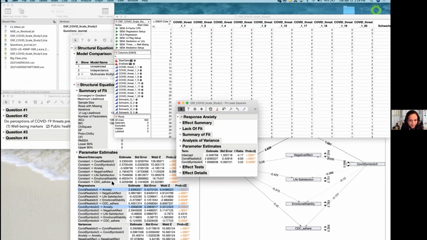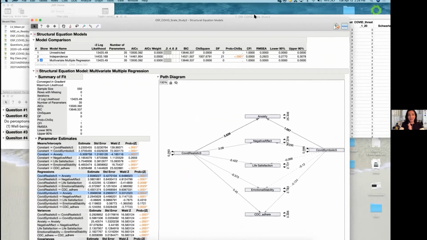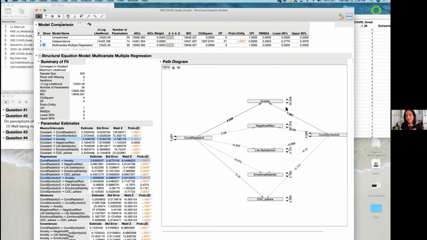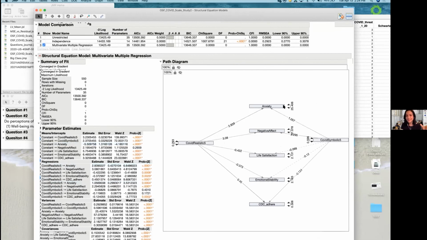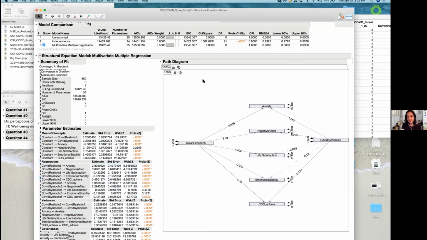I can look over here at the means of anxiety, and notice this is the same coefficient as well. So what have we gained so far? If you really wanted, you could run an ordinary least squares multiple regression 5 times in order to obtain all of these estimates. If you don't have missing data, you're going to have the exact same results.